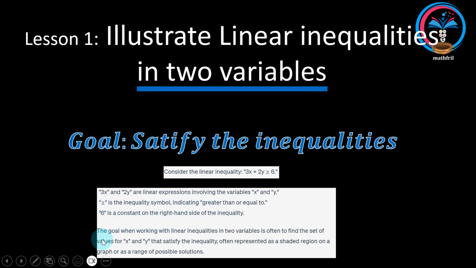And if you want to satisfy the inequality, you have to find values of x and y that satisfy the inequality itself, often represented by a shaded region or graph or range of possible solutions. And that's the purpose of the next slide. Okay, this is linear inequality in two variables.